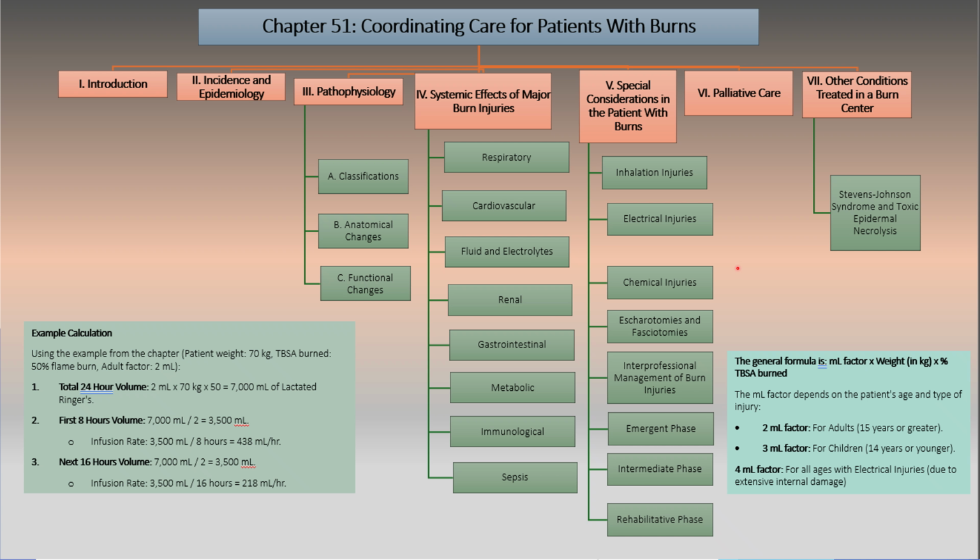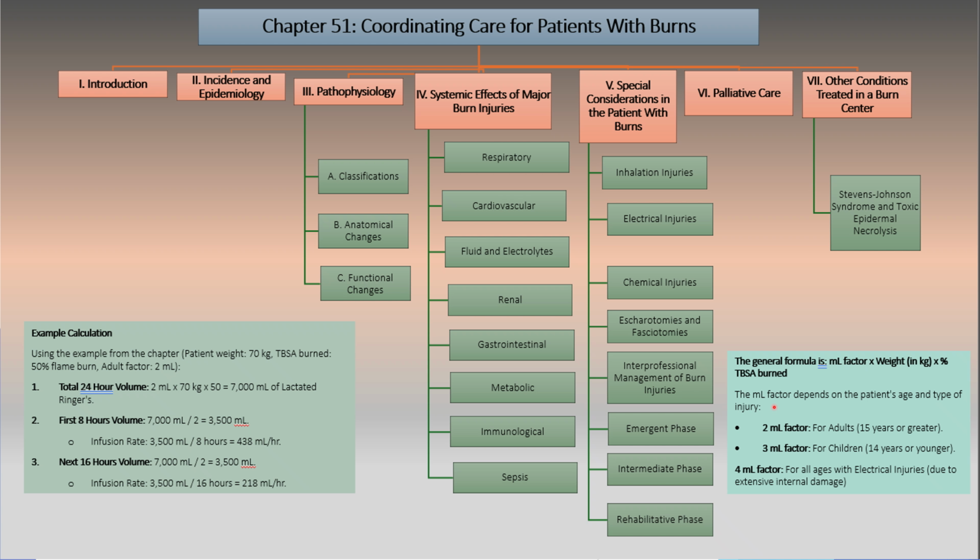So this is just a little bit of everything. This is a formula that you need to know, with an example calculation using an example from the chapter. And here it's a general formula for fluid resuscitation: milliliters factor times weight in kilograms times percentage of TBSA burn.